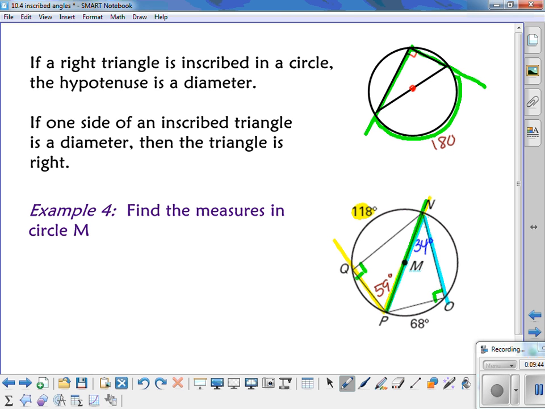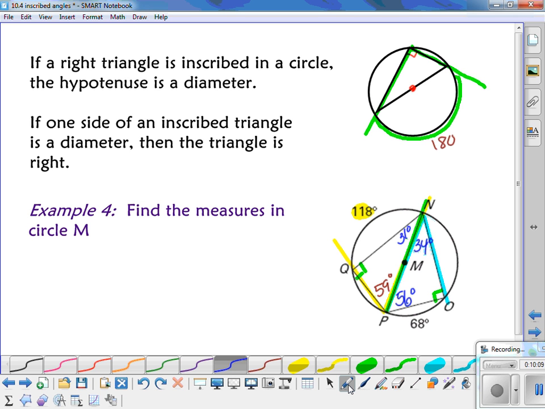And then I can just use my triangle sum theorem to find the other angles in the triangle. So over here, angle Q and P, 59 plus 90, subtract that from 180, and I get that that angle is 31 degrees. And then do the same thing for angle NPO, and I find that this is 56 degrees. All right, now all I have left is the rest of the arcs.